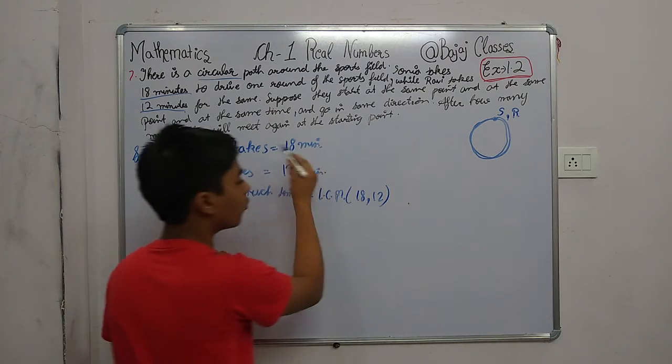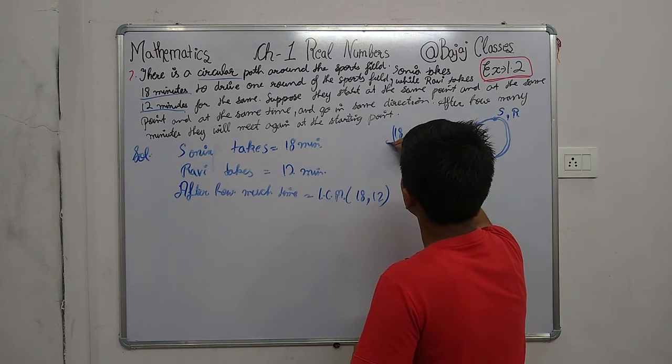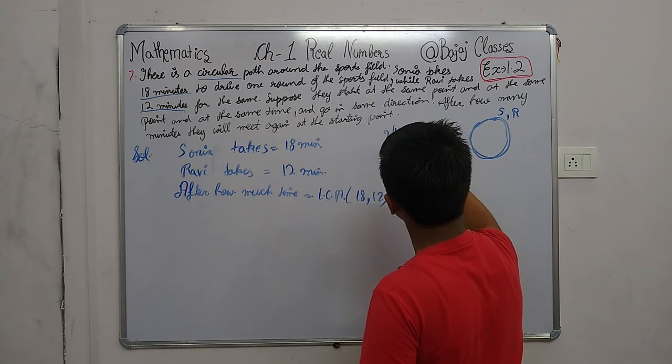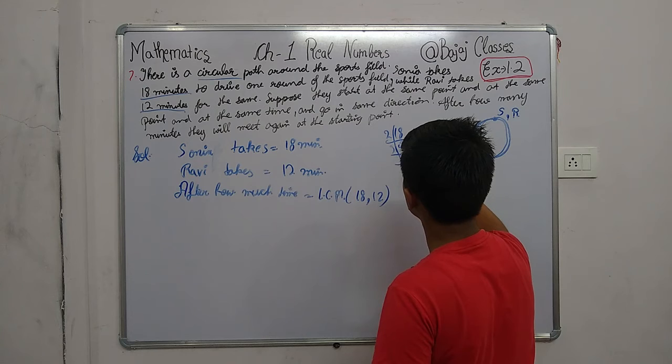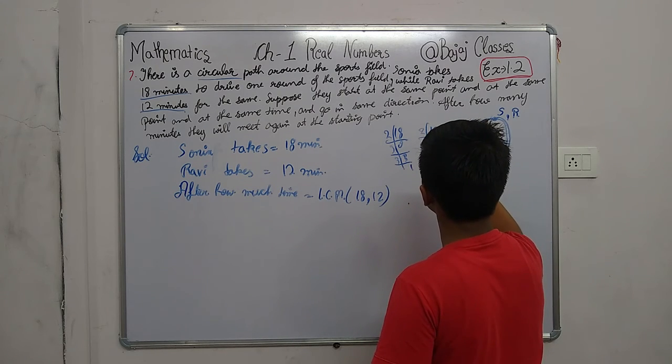Let's say 18 equals A and 12 equals B. Dividing: 18, 2, 9, 3, 3, 3, 1; 12, 2, 6, 2, 3, 3, 1.